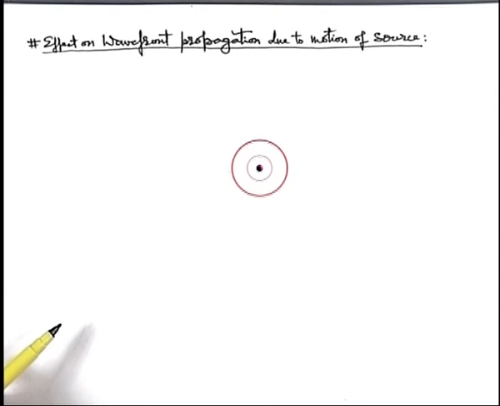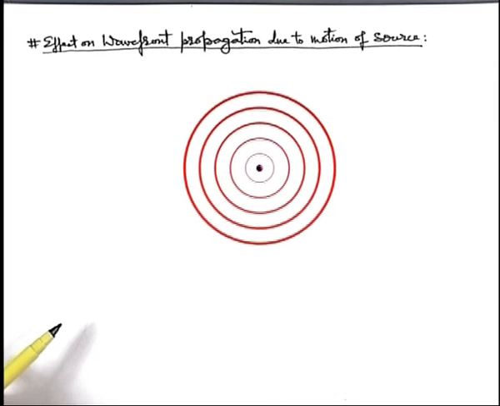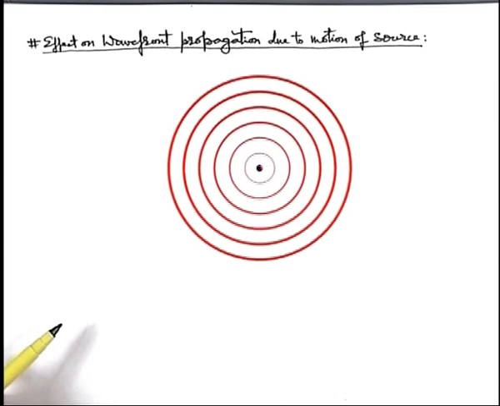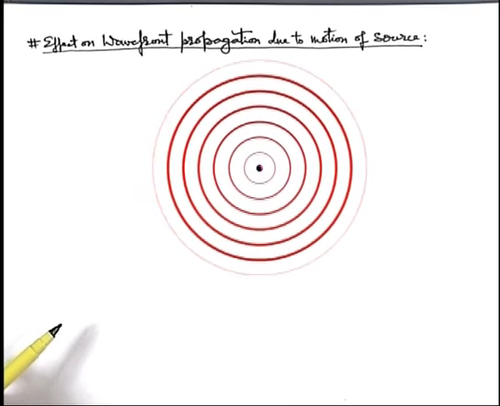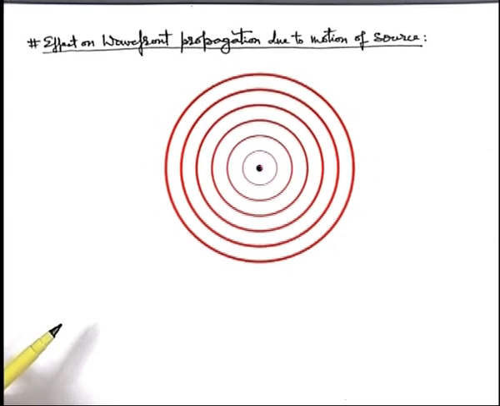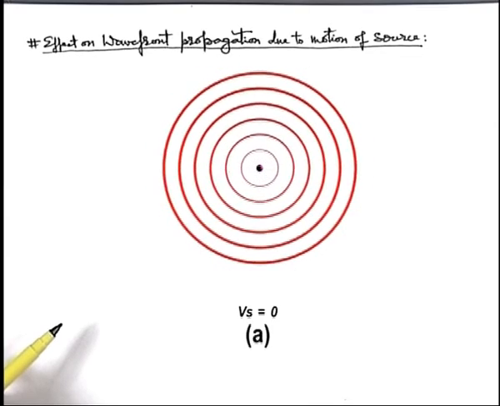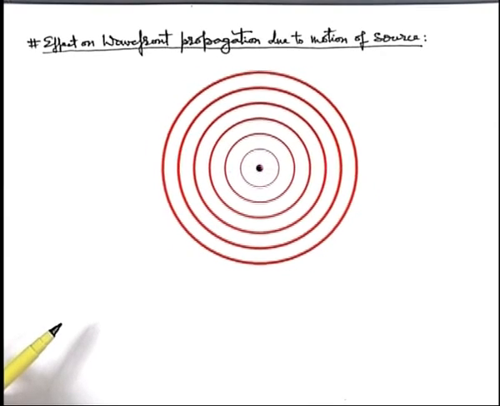So here you can see the waves produced by the source are propagating in the form of spherical wavefronts. And as these spherical wavefronts are propagating, we can say the size of these spherical wavefronts will increase at the speed of sound, and the velocity of the source is 0. This is the very first situation we have discussed.